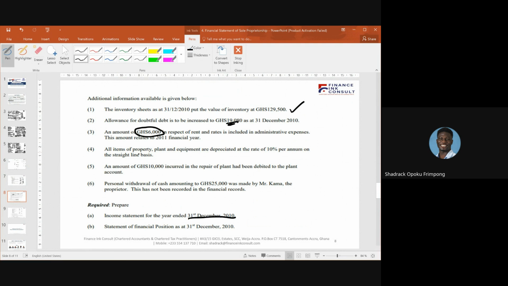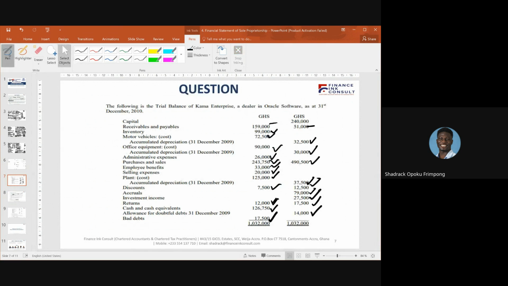Then all items of property, plant, and equipment are depreciated at a rate of what? 10% per annum on straight line. An amount of 10,000 incurred in the repair of plant had been debited to the plant account. So it means that there is a plant here, which is 125,000.